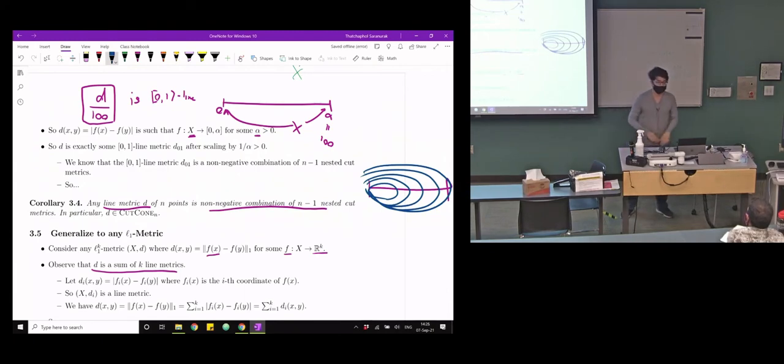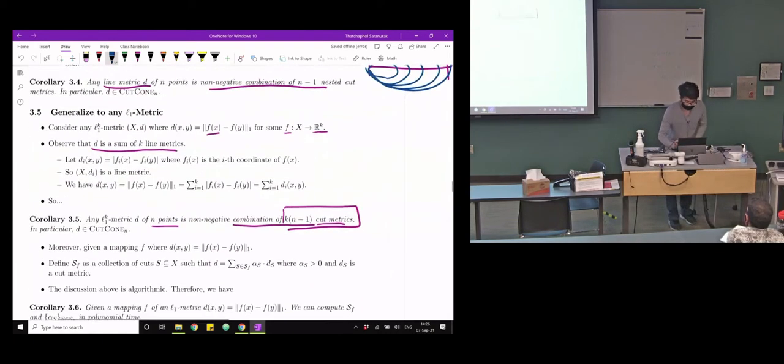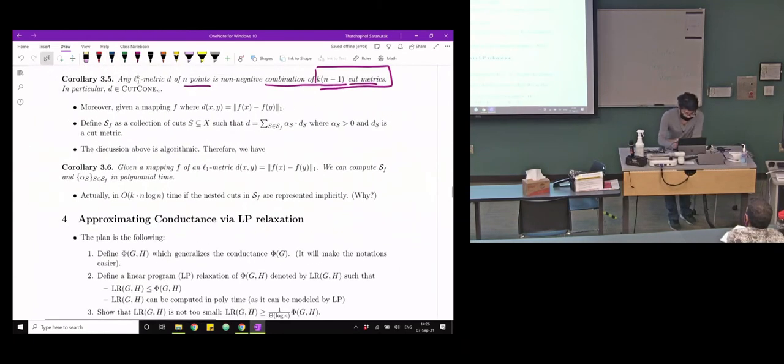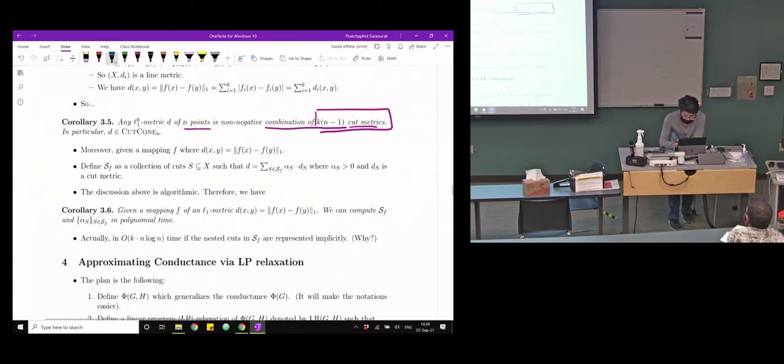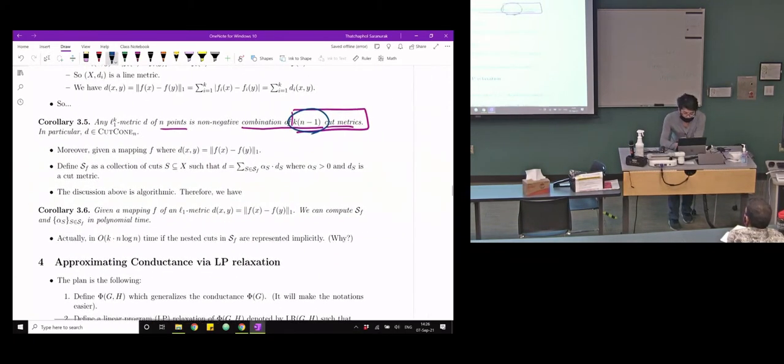So you have nk many cut metrics. You can group them into k groups, each of them being an n-1 metric.